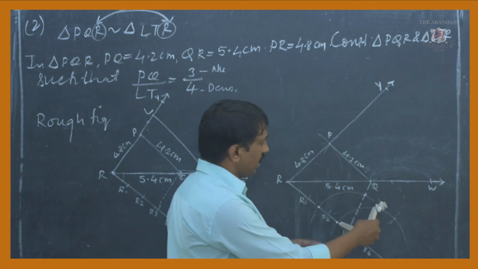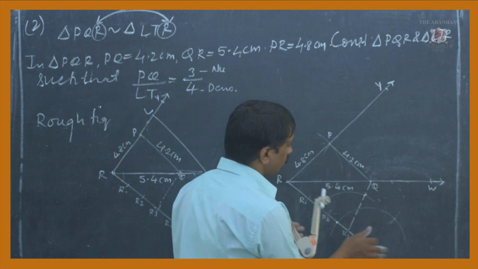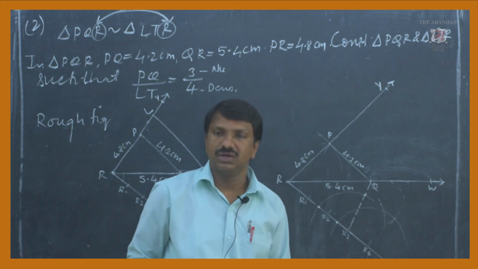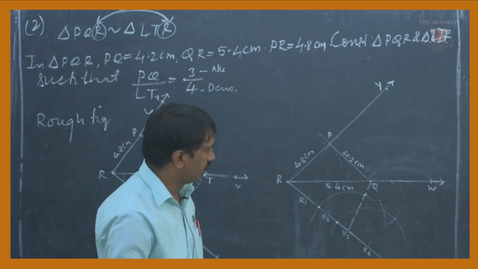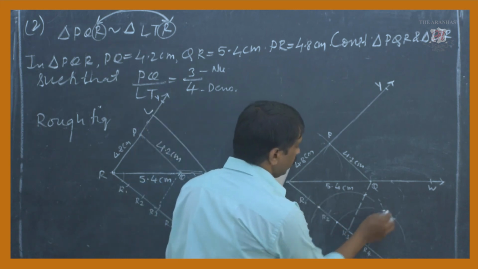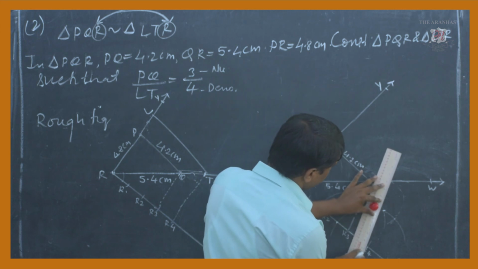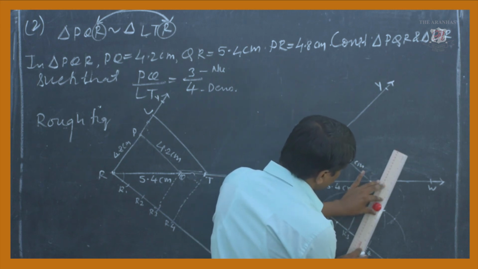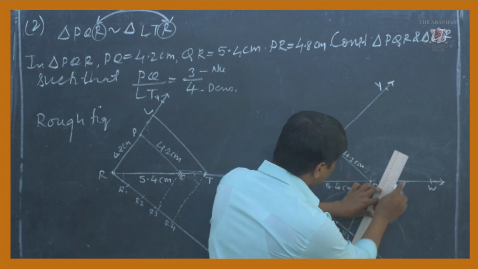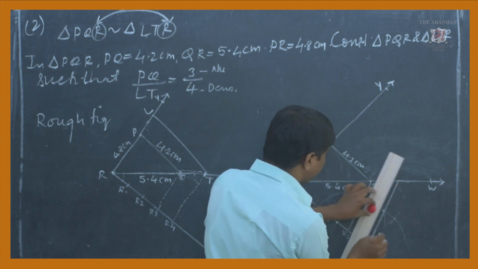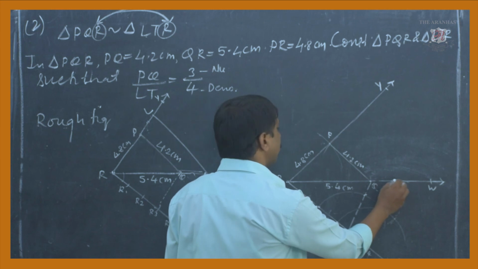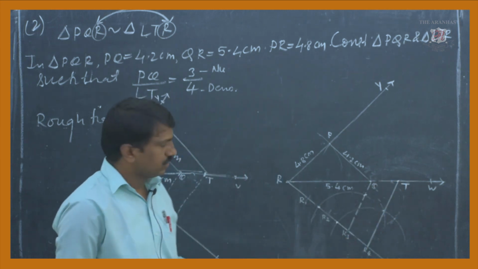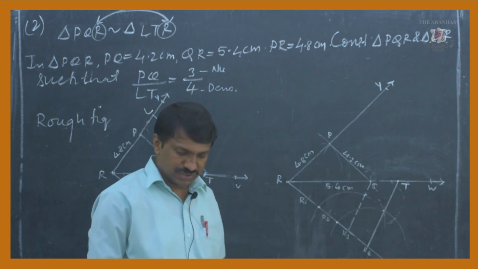And then simply cut, so you will get the parallel line. That point you are going to join to the R4 point. See, this is the parallel line. Everybody knows the distance between two parallel lines is always the same, and this is the corresponding side, it is point T. So the parallel line construction is done.